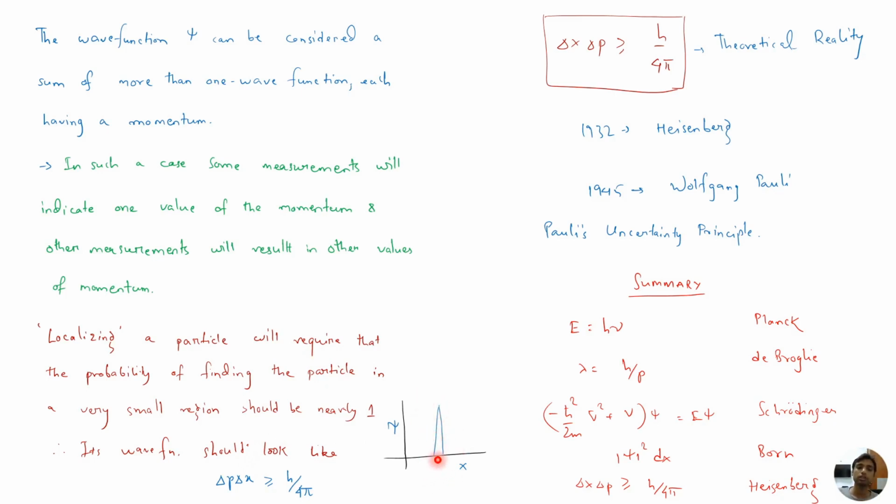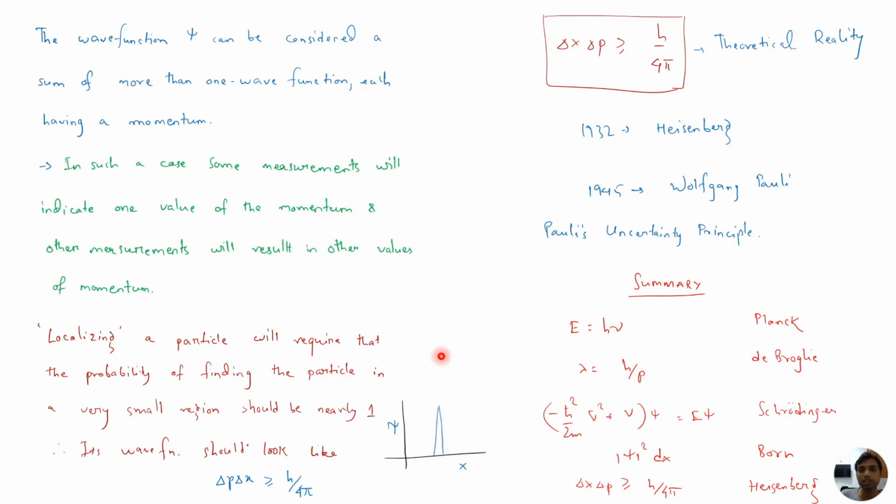However, if we want to find the particle at a very localized place, we have to add a lot of momentum states. What it means is that the momentum will vary across a large range of values, and that has to be there to make this wave function.